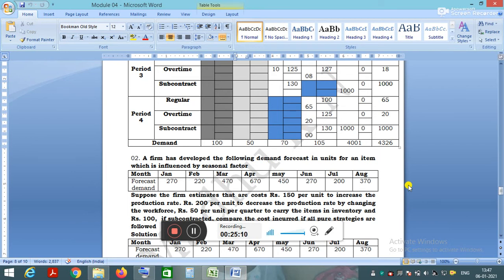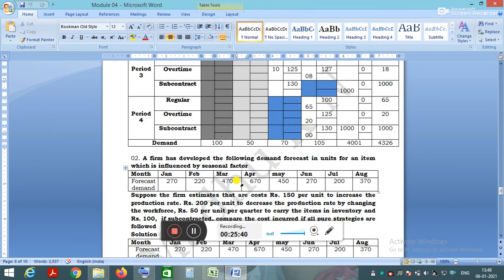Means the demand for a particular product varies with months. For January it is 270, for February it is 220, for March it is 470, for April it is 670, for May it is 450, for June it is 270, for July it is 200, and for August it is 370. This is the variation in the demand for a particular product.